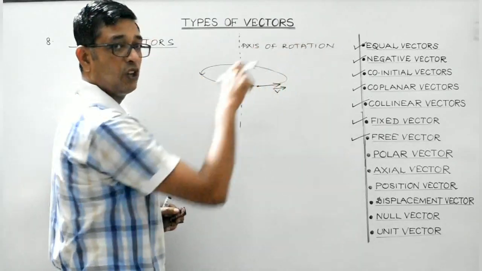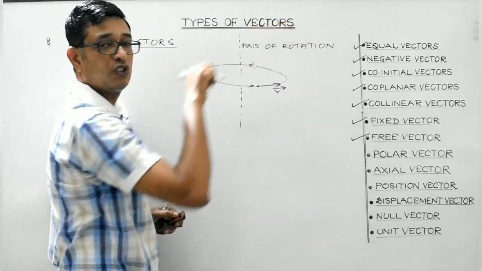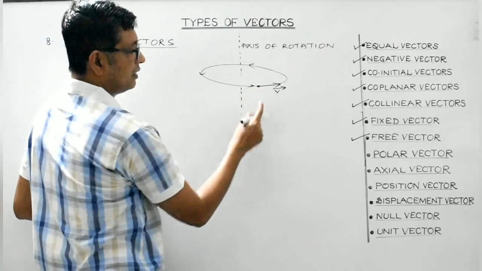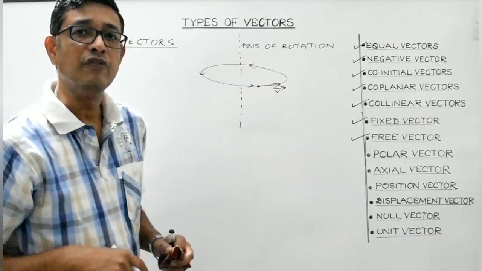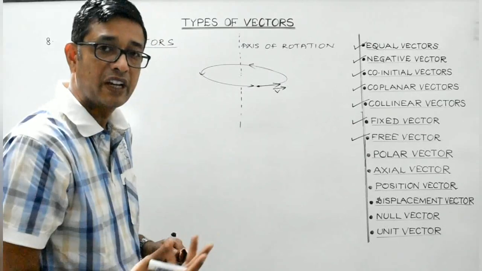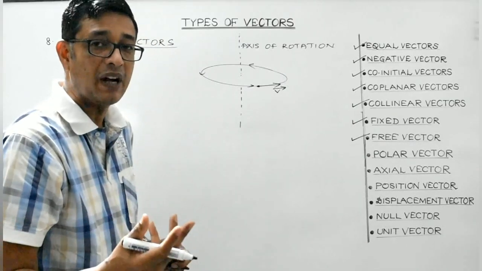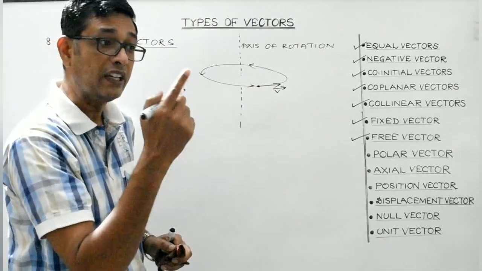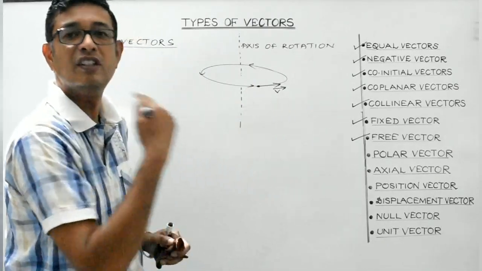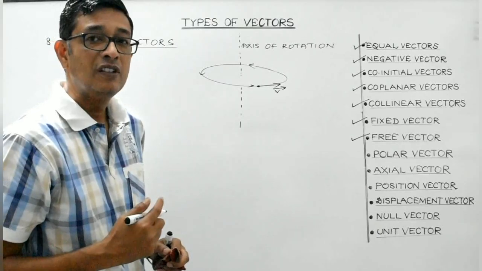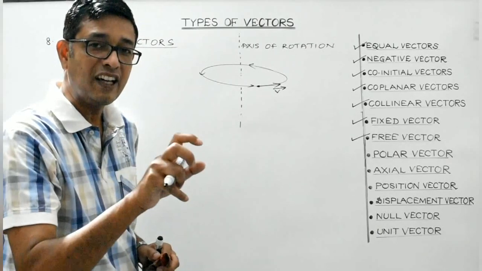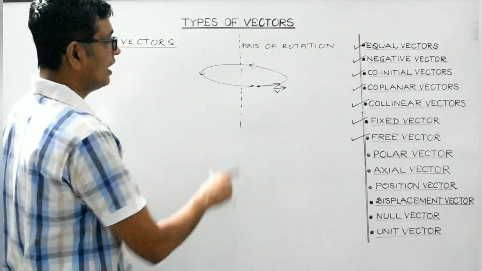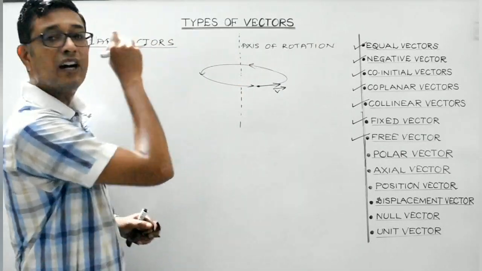The velocity vector will be along this direction. Momentum vector will be along this direction, isn't it? So basically, the direction of velocity vector, momentum vector, or for that matter, displacement vector at a point will be given by drawing a tangent in case the body is moving along a curved path. So these vectors are directed along the direction of motion of the body. So these vectors are known as polar vectors.